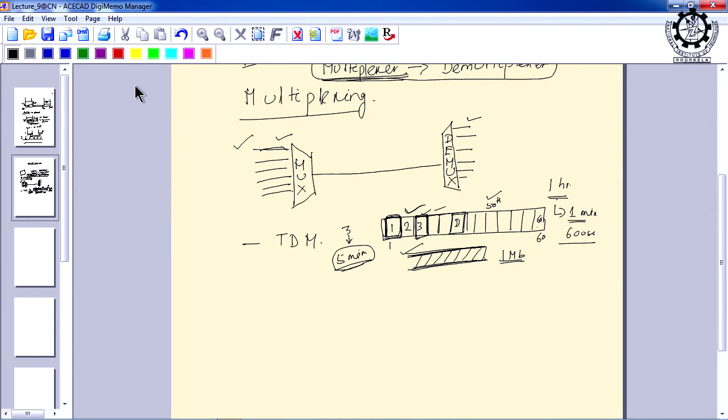Out of these 60 slots, let us say 50 slots come with a decline message and 10 slots come with an accept message, and out of that only one node has huge data which needs 5 minutes or 5 slots of transmission. Don't you have 5 slots that could be allocated to node number 3?